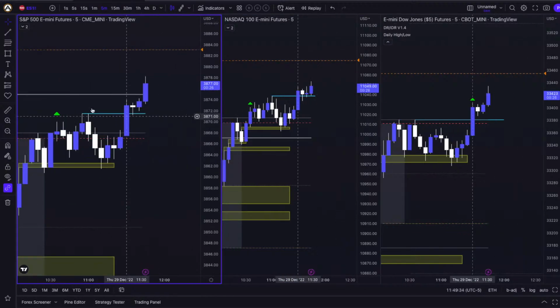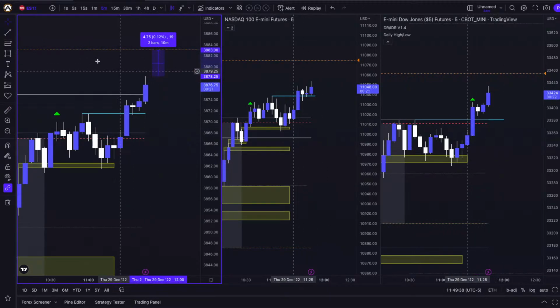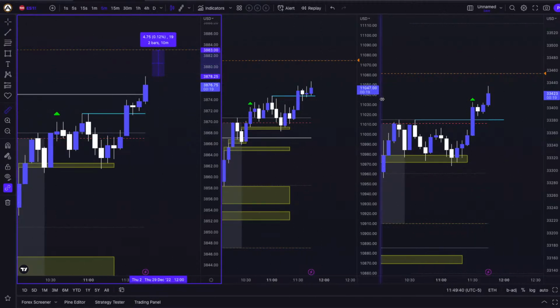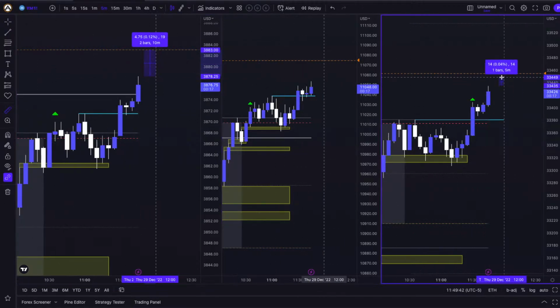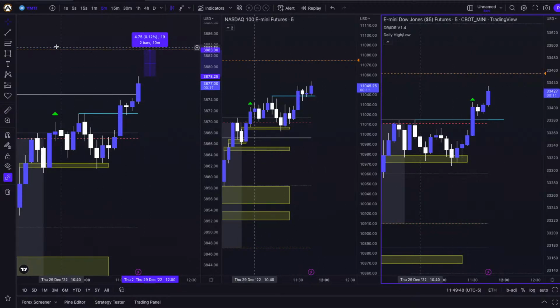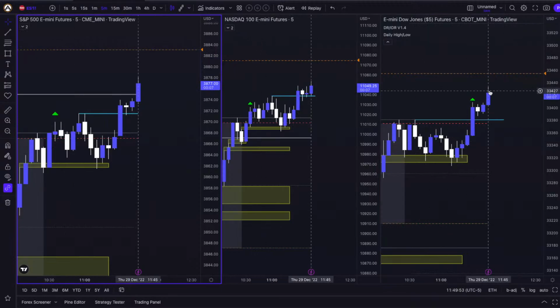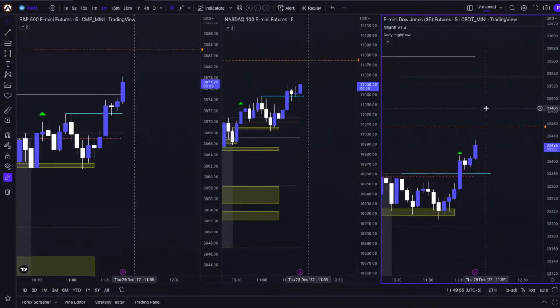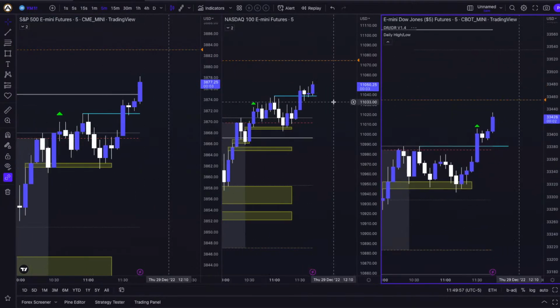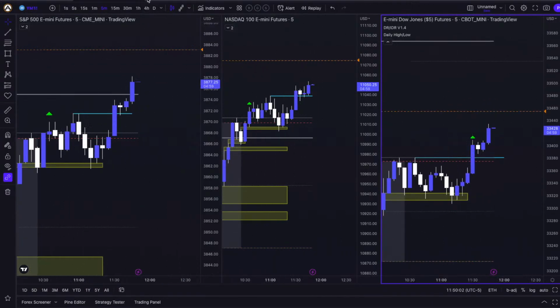Let's see which one is closest or was closest to hit our 0.5 standard deviation. 19 ticks on ES1 and 21 right here on the US 30. So relatively speaking, US 30 is closer to reach the 0.5 standard deviation. Buy side liquidity has been purged on S&P and Nasdaq above the previous day high.